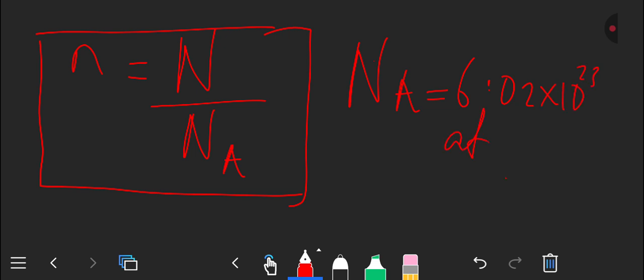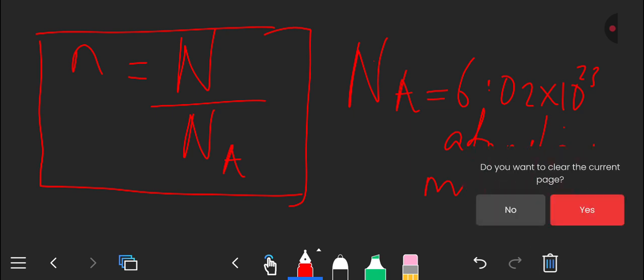And this could be atoms, ions, or maybe molecules. So this is the first definition which we need to understand.